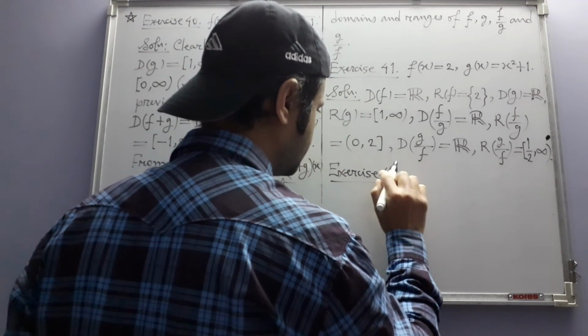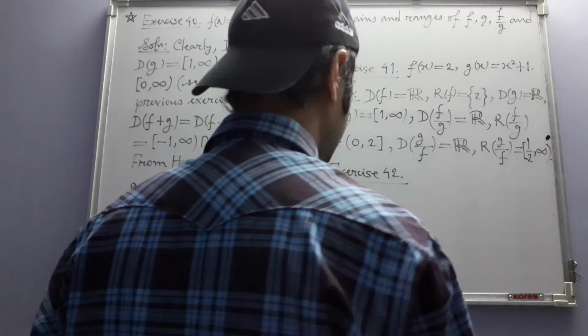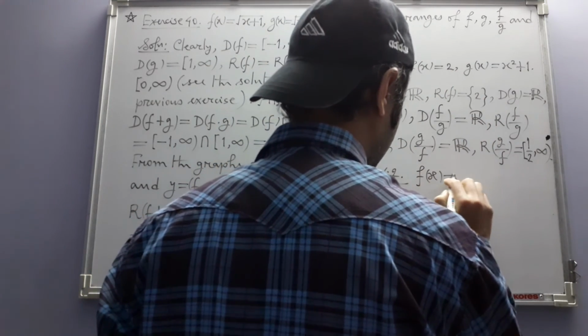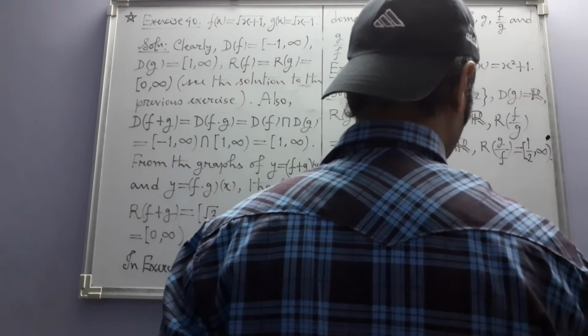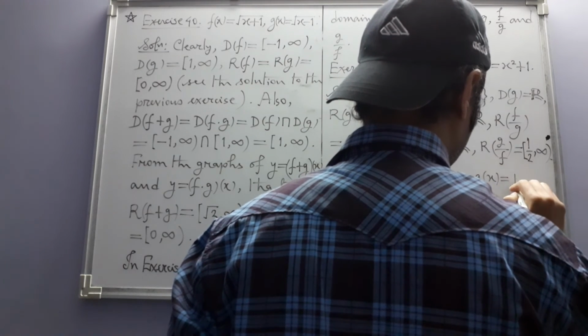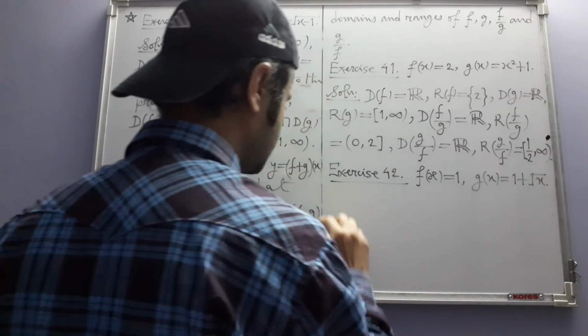Exercise 42. F of x is 1 and g of x is 1 plus square root of x.